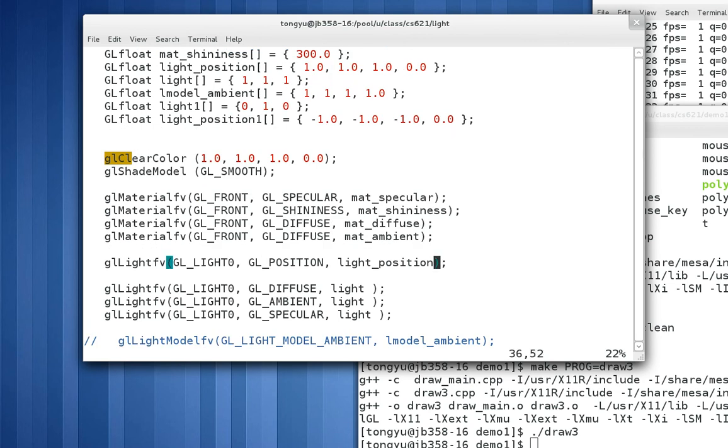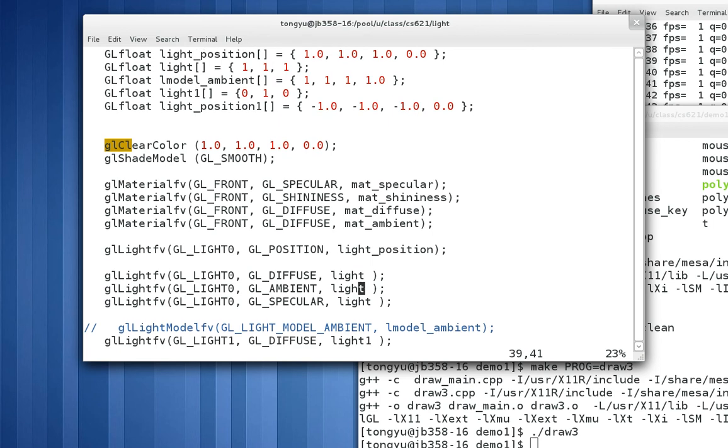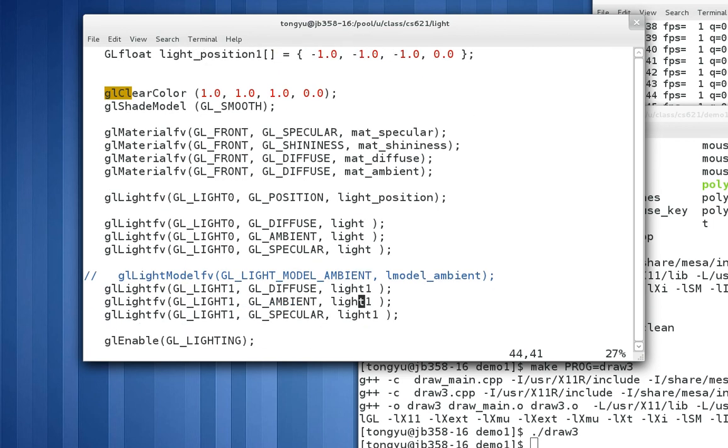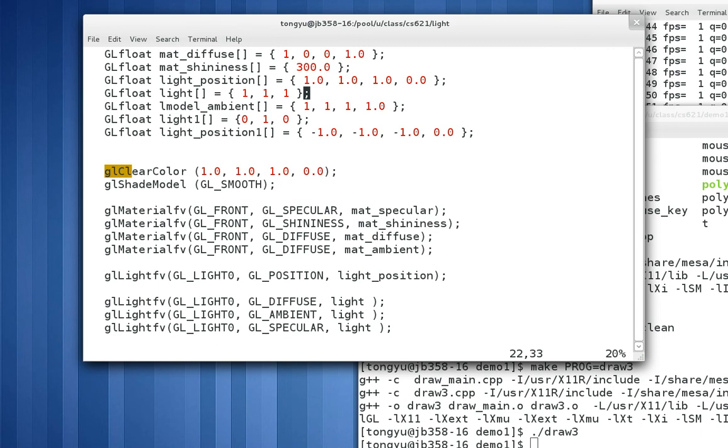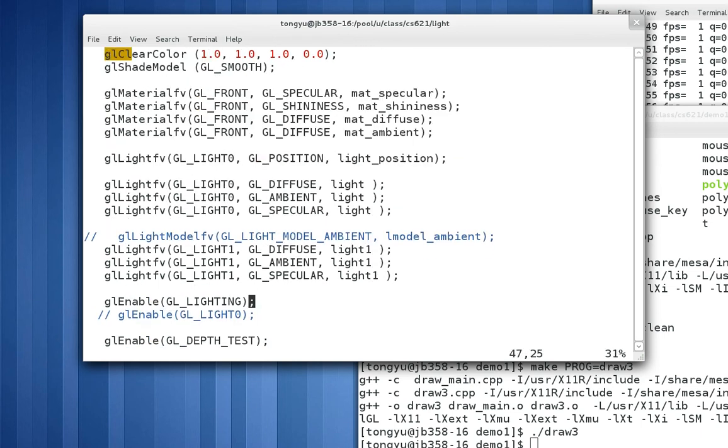Light 0 uses the light position at the upper right hand corner, and uses the white light. The other, light 1, is the green light only.